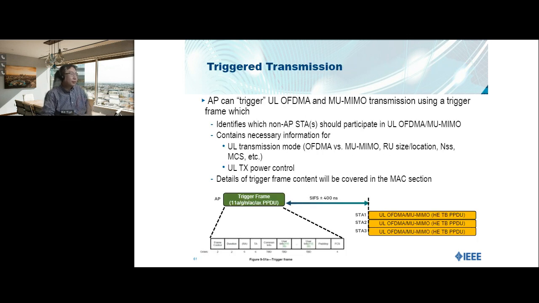Okay, so triggered transmission. Triggered transmission is one of the very new concepts introduced in 11ax. Essentially, it can enable the uplink OFDMA and MU transmission. By the way, it also has other benefits for scheduling, for power saving, all these kinds of things.